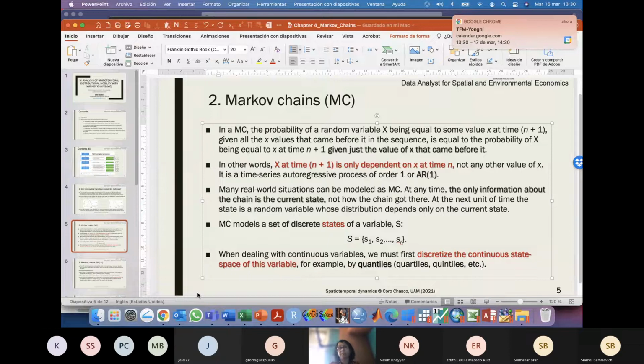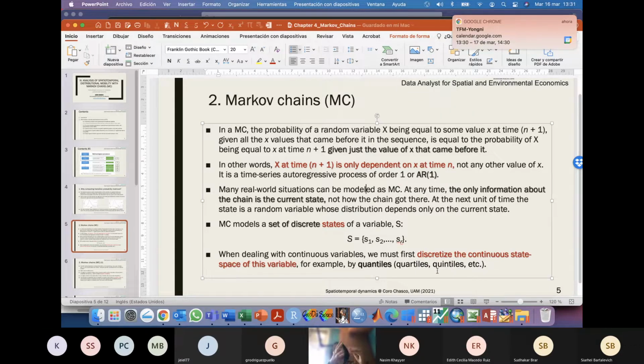Of course, you can apply Markov models to these kinds of variables. They are perhaps the properest ones. But the thing is that we also can discretize when the variables are continuous. What we do is discretize the continuous state space of this variable.